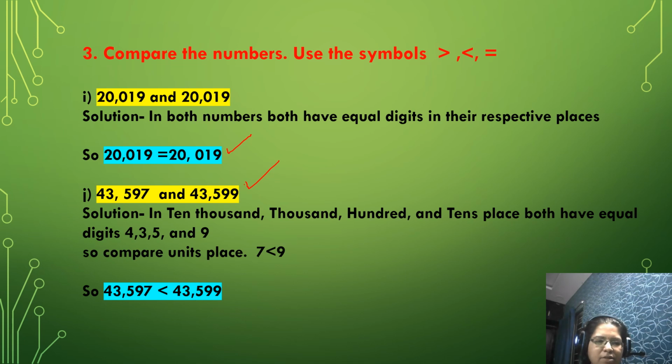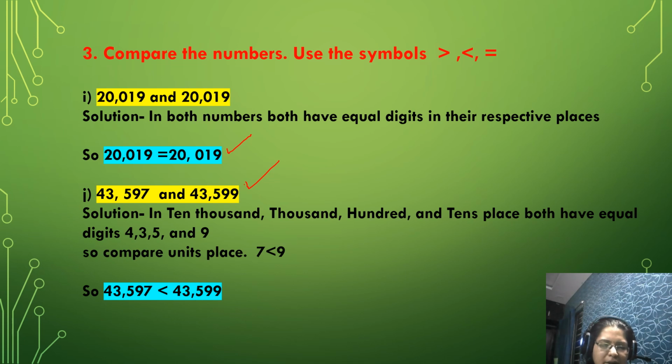In the 100s place, the first number has digit 5. In the second number, in the 100s place, digit 5 is there. Both are equal, 5 and 5. So we move to the tens place digit. In the first number the tens place digit is 9, and in the second number the tens place digit is 9.